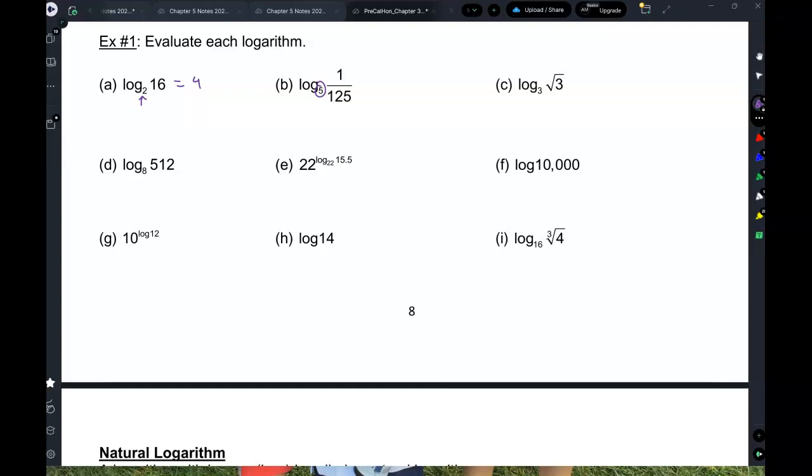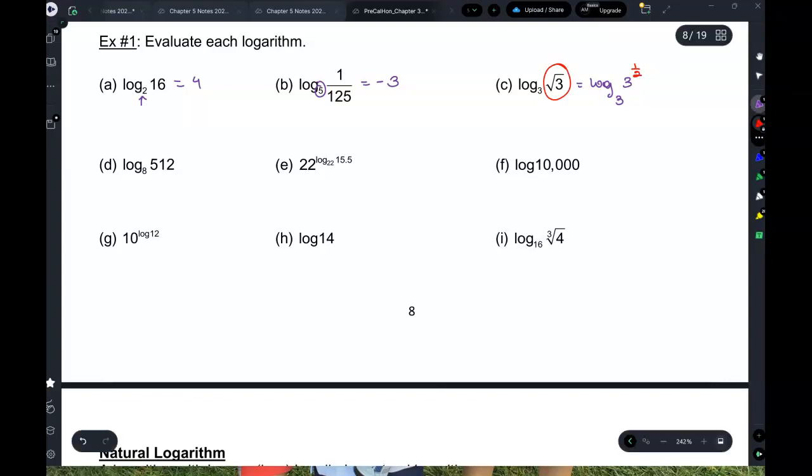When you have a whole number going to the denominator of a fraction, then we're dealing with negative exponents. So this will be negative 2. I rewrite this as log base 3 of 3 to the power of a half, right? Root 3 is 3 to the power of a half. So what should be the exponent of 3 for me to get 3 to the half? Well, that's a half.